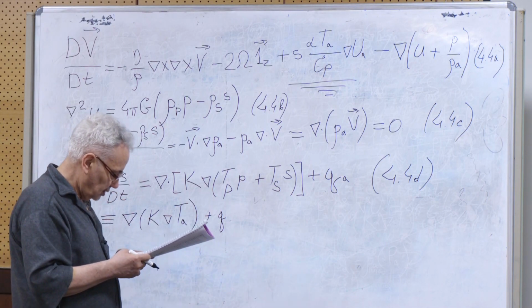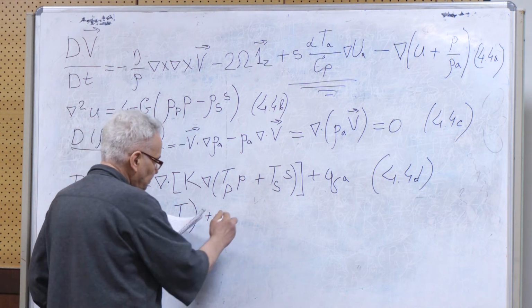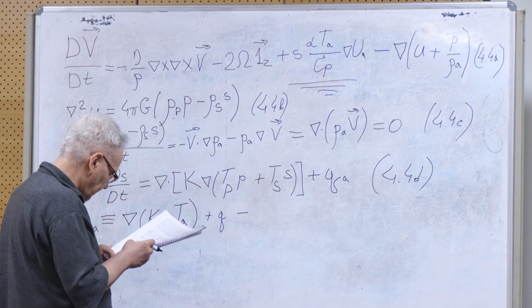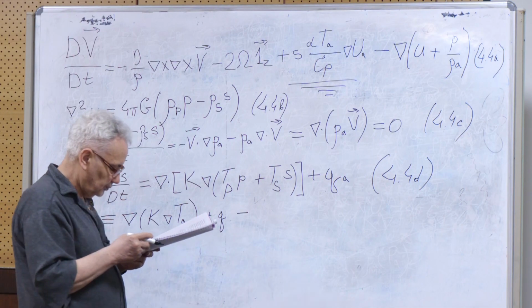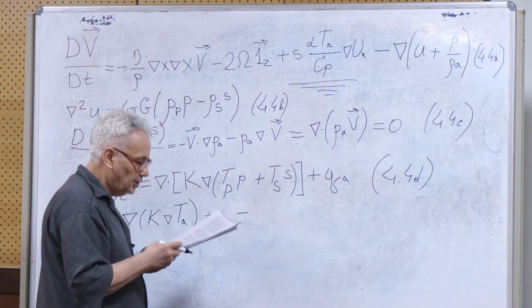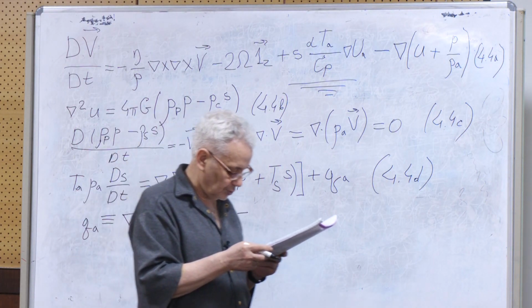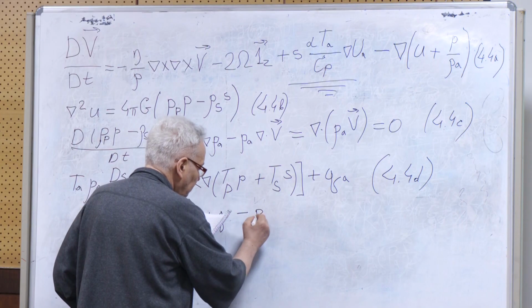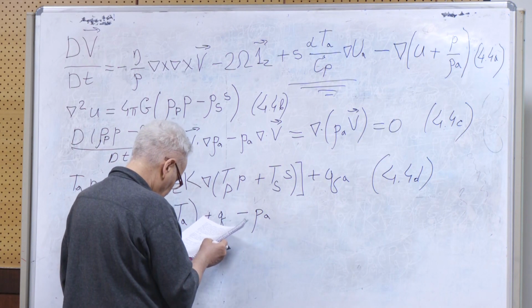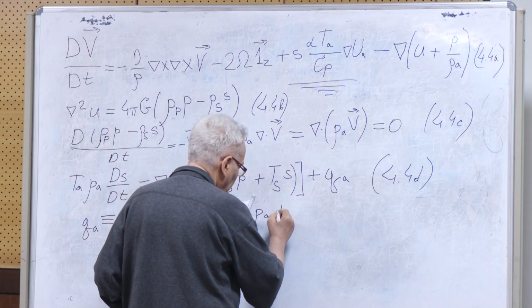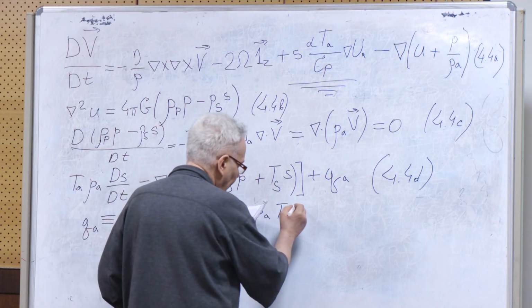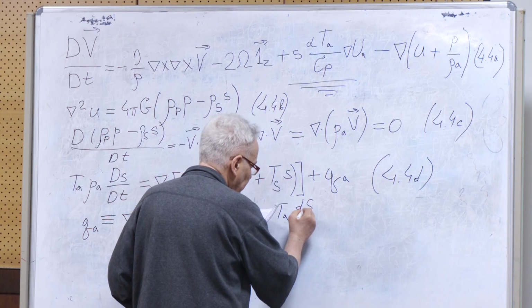So actually we have here plus Q, and also we have the contribution from the entropy term, which is going on the top of everything, and here we have the precise value rho_A T_A and the direct derivative with respect to the entropy.